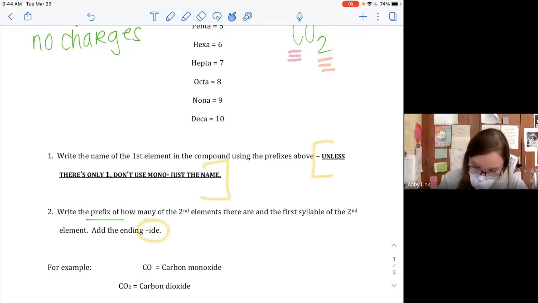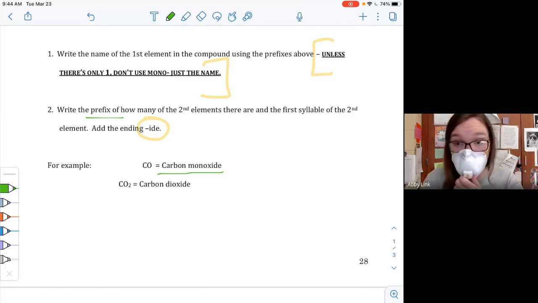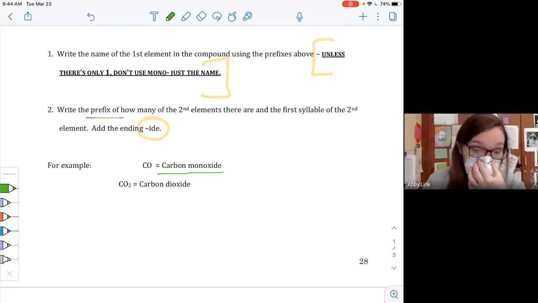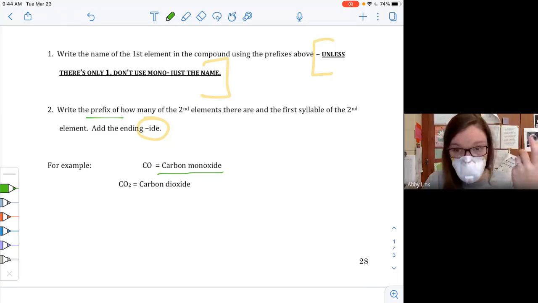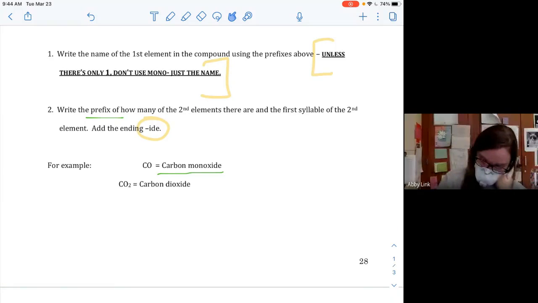I have another example here. The carbon dioxide example is here as well, but we have carbon monoxide. Notice again, there's no prefix on carbon because there's only one of them. On the O, the second element, I'm changing the ending to IDE, and I'm also adding the prefix. You will always have a prefix on the second element.